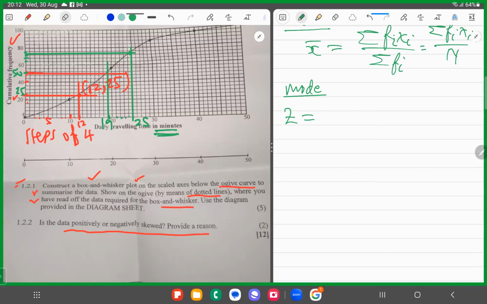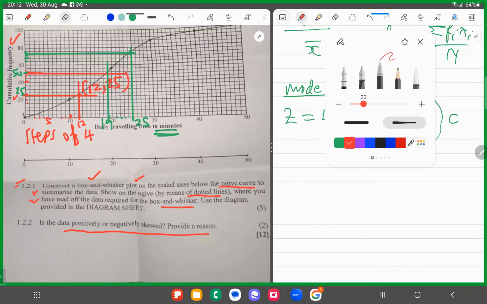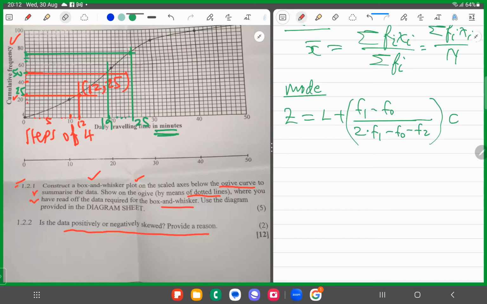The mode can be called Z, which is L plus (F1 minus F0) divided by (2 times F1 minus F0 minus F2), multiplied by our usual C, the length of the mode class. This is how we find the mode.